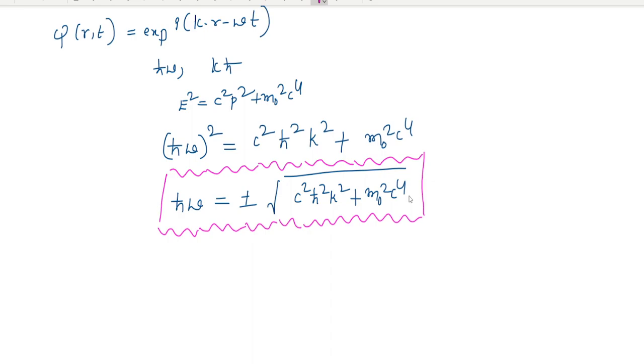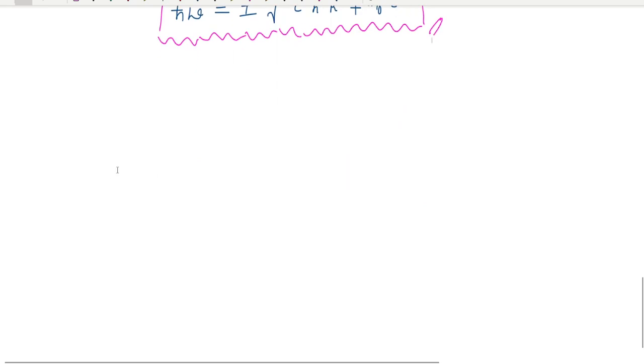Right now, we're going to end this video here. Okay, this is the important relation. So Klein Gordon explained positive energy successfully, why they are getting positive energy, but they are unable to explain what the negative energy of the system is. So this is all about the Klein Gordon equation.